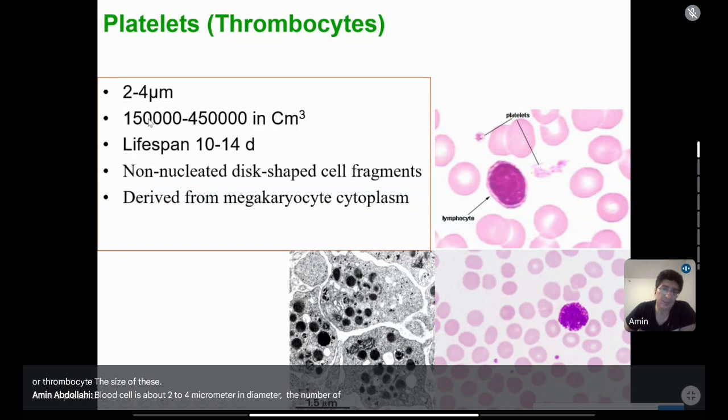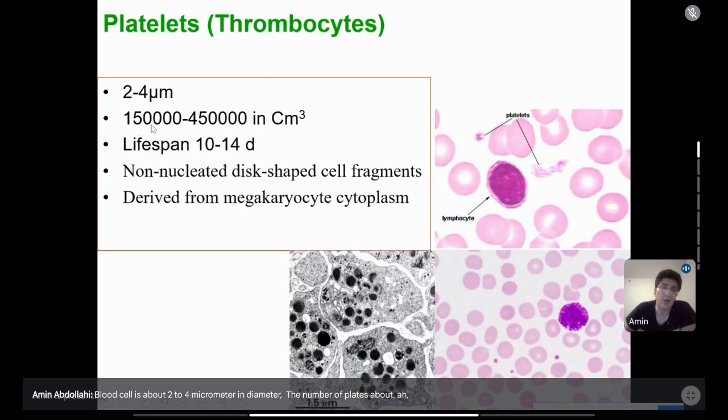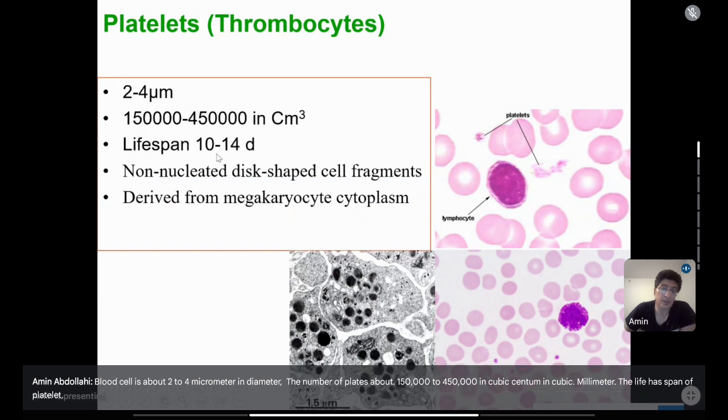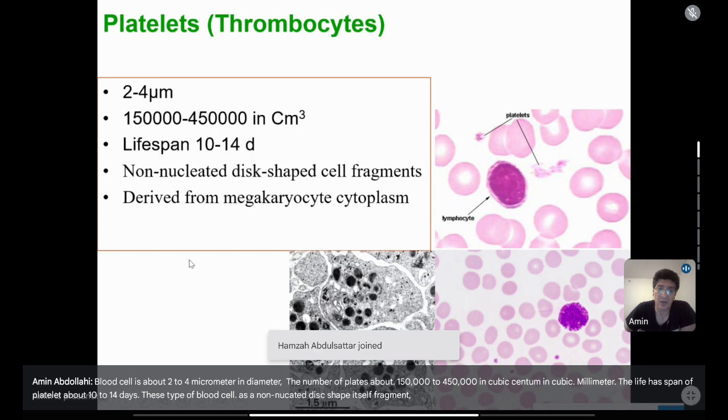The number of platelets is about 150,000 to 450,000 per cubic millimeter. The lifespan of platelet is about 10 to 14 days. This type of blood cell is a non-nucleated disc-shaped cell fragment derived from megakaryocyte cytoplasm.